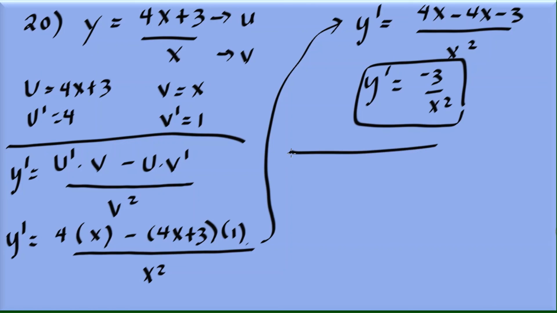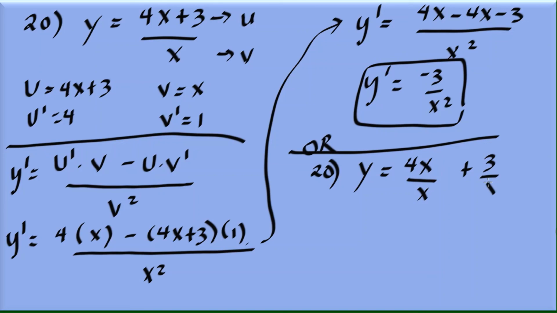Now, there's a shortcut for number 20. If you split the 4x and 3, rewrite 4x plus 3 over x as 4x over x plus 3 over x. Now, 4x over x simplifies to just 4. So it's 4 plus, and if I bring this x on top, that's 3 times x to the negative 1.